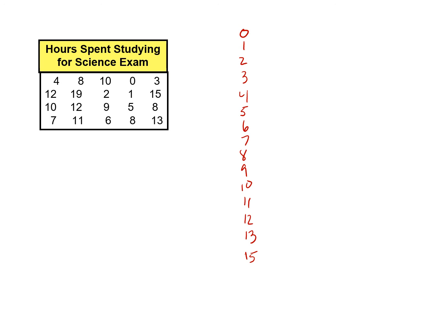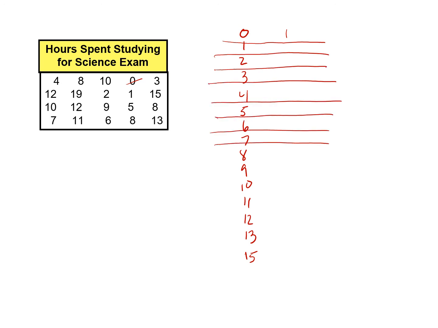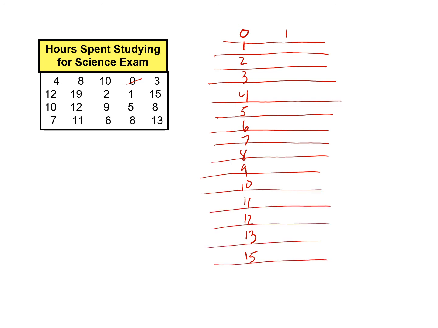How many times did 0 happen? Once. The number 1 happened once. 2 happened once. 3 happened once. 4 happened once. 5, 6, 7, 8, 9, 10.